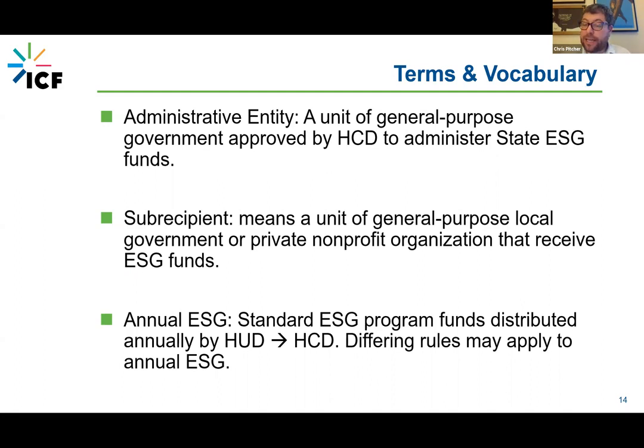In a few of our communities, like Los Angeles, we have another layer as well. So you might see the term subrecipient, where the administrative entity or subrecipient gets money, they give it to one entity, and that entity then contracts with all of the providers providing services. So we do have some complex structures in some of our communities here in California.